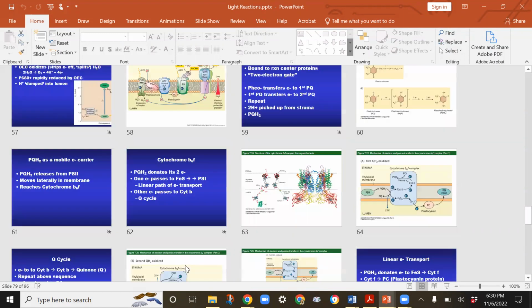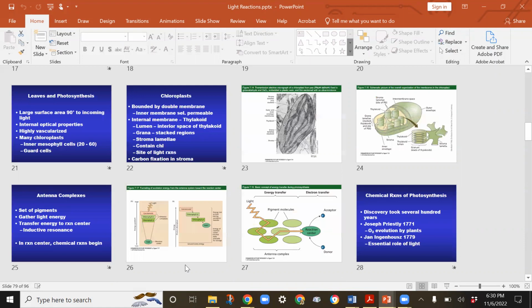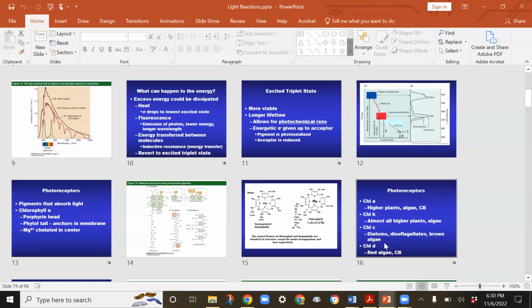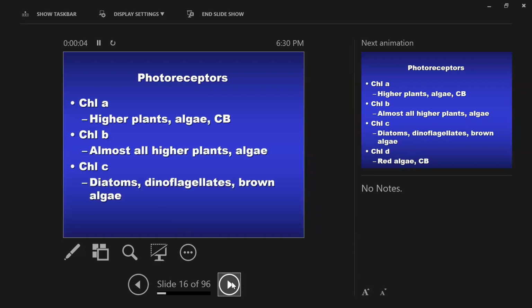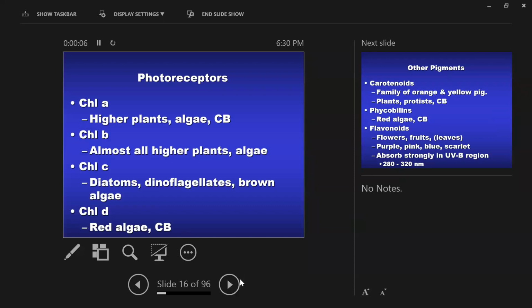So the pigments toward the start of the slide set, we got into... I guess probably the most detail I'll ask is that there is C and D also. We've been talking a lot about chlorophyll A and B because they're involved in the light reactions of higher plants, and that's what we tend to focus on in a class like this.